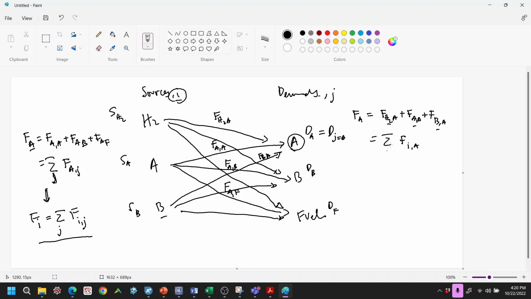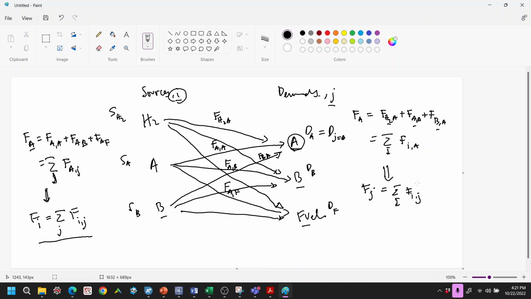So you sum all of the I. And then you can also generalize this, because you are not doing this only for A, you'll be doing this for A, B, and then fuel as well. Well, fuel we can leave it, but nonetheless, you can have Fj, because all this is then J. Fj equals sigma over I of Fij.